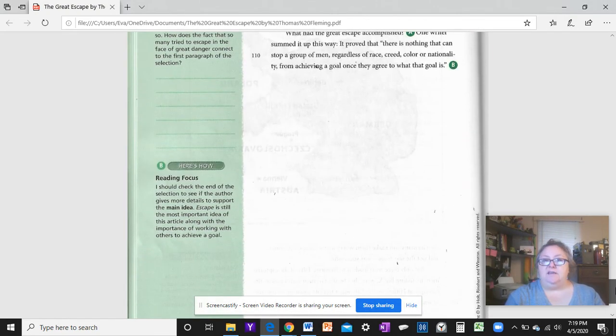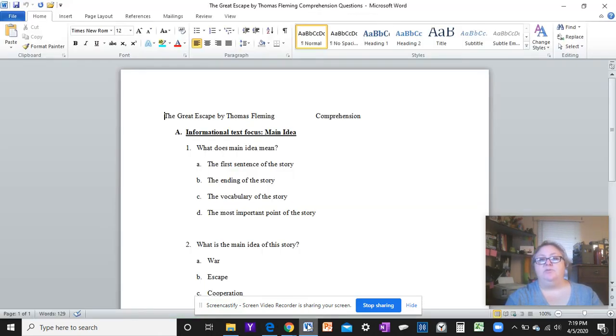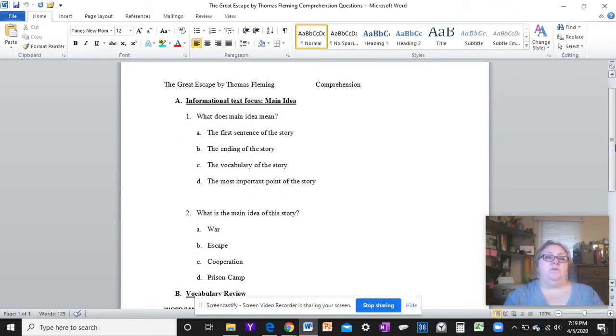When you get to the end and you've read the green sections with your text, you're going to be pulling up your comprehension questions. So The Great Escape, you're going to have the main idea questions. There are 2 questions for main idea, and I did give you multiple choice. I cut you some slack this week. So informational text focus, what does the main idea mean?